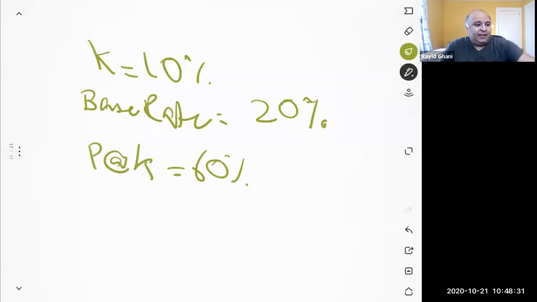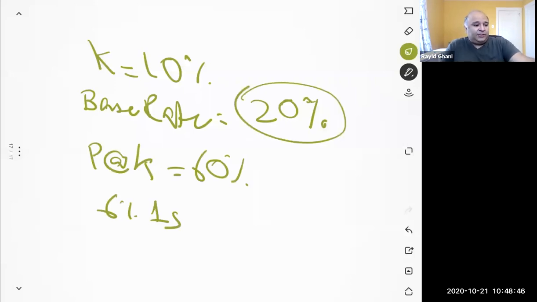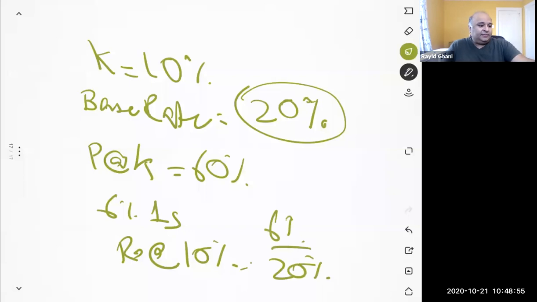Well, that means that when I look at the top 10%, 60% of them are ones. So that means that I get total of 6% ones in there. My total ones in the data are 20%. So what's my recall at the 10%? It's 6% divided by 20%.